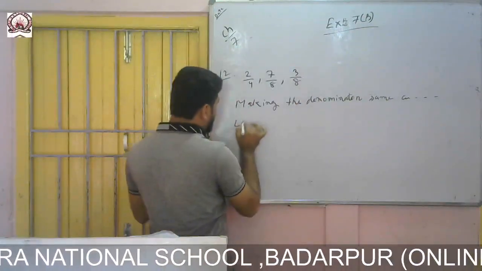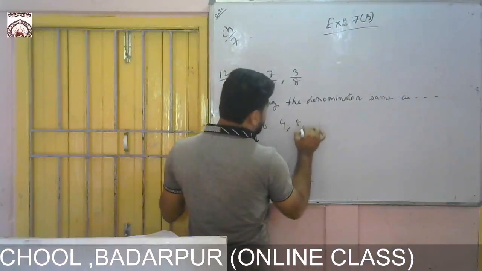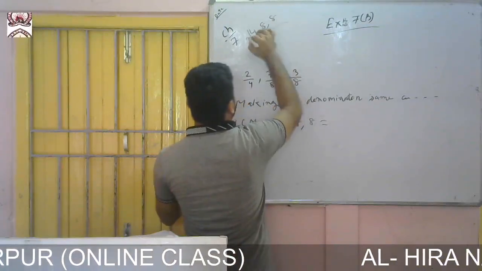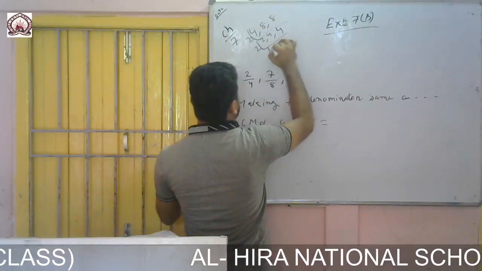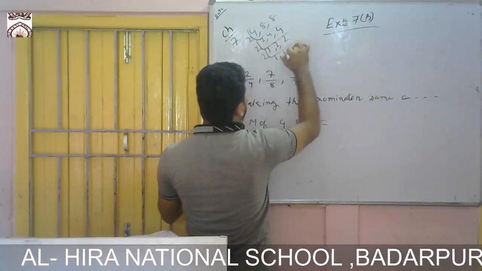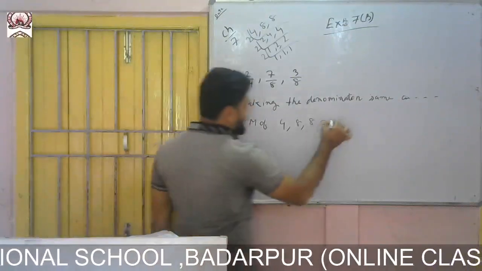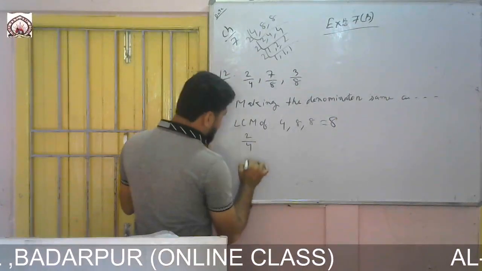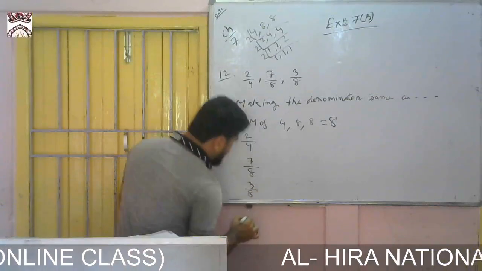Now write the LCM of 4, 8, 8. 2 2s are 4, 4 2s are 8. So the LCM will be 8. So now we arrange 2 by 4, 7 by 8, then 3 by 8.